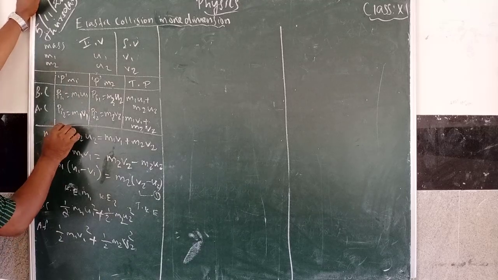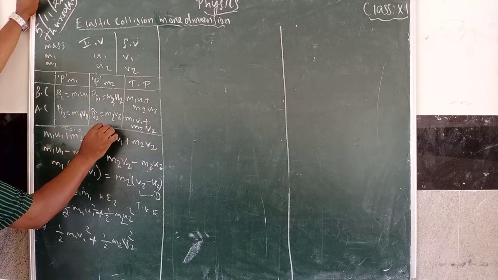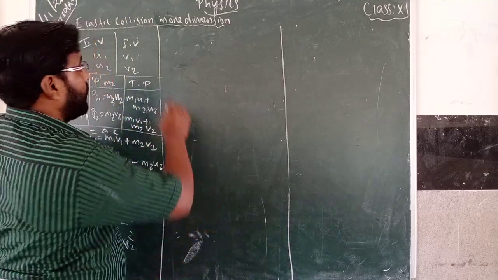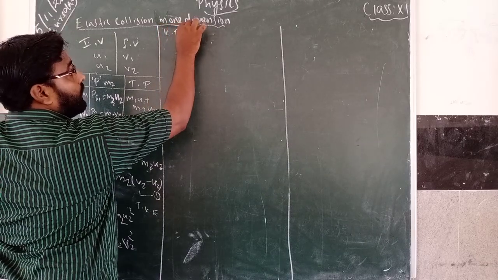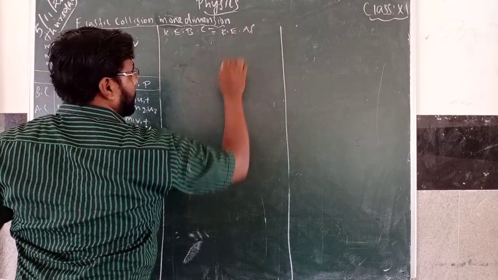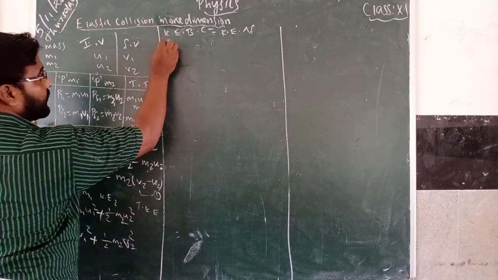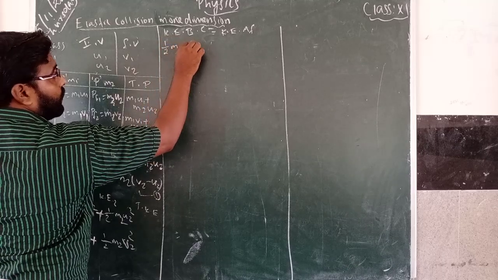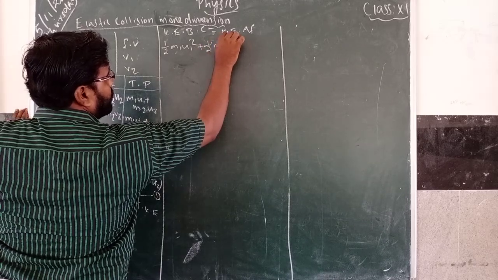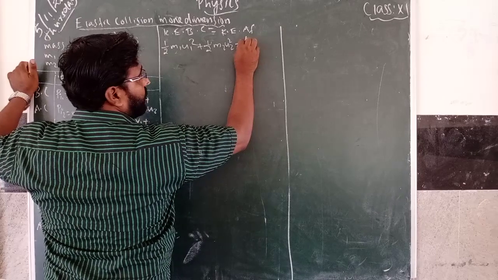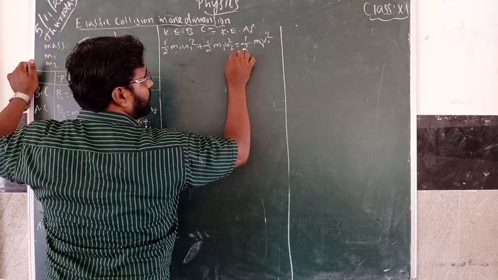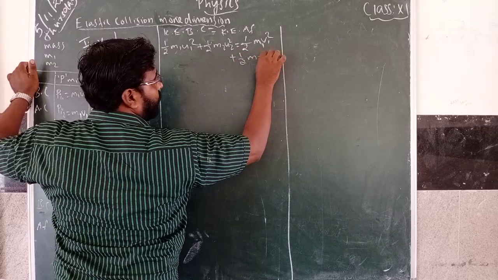Just as momentum before collision is equal to momentum after collision, during elastic collision kinetic energy before collision is equal to kinetic energy after collision. So, before collision, half m1 u1 square plus half m2 u2 square is equal to half m1 v1 square plus half m2 v2 square.